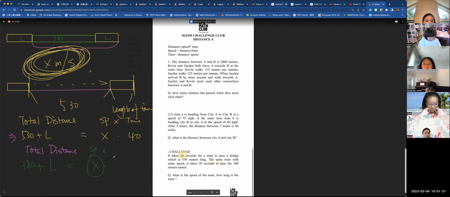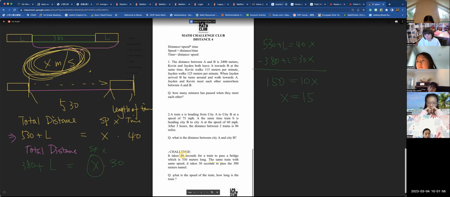So what is the time for this one? 30. Very good. Okay, so everybody, we have two equations: 530 plus L equals 40x, and 380 plus L equals 30x. Get it? So how do we do it? We subtract: 150 equals 10x, x equals 15.